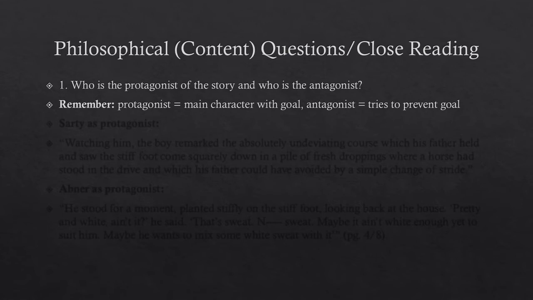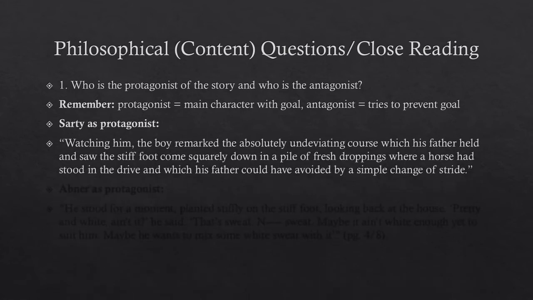But let's look at some quotes that support this. For support of Sardi as protagonist: "Watching him, the boy remarked the absolutely undeviating course which his father held, and saw the stiff foot come squarely down on a pile of fresh droppings, where a horse had stood in the drive, and which his father could have avoided by a simple change of stride." And so a couple of words that are really important here.